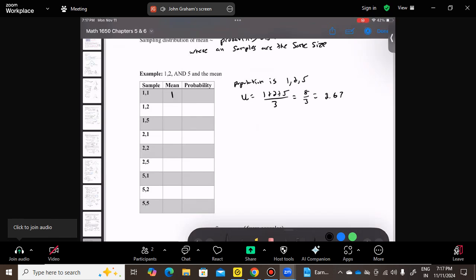So 1 and 2, the average is 1.5. 1 and 5, the average is 3. 2 and 1 is 1.5. 2 and 2 is 2. 2 and 5 is 3.5. 5 and 1 is 3. 5 and 2 is 3.5. And 5 and 5 is 5. Now each of these samples has a 1 in 9 chance of happening.